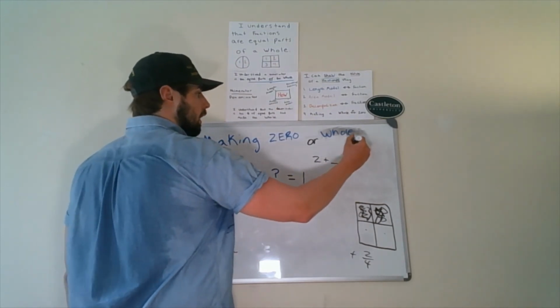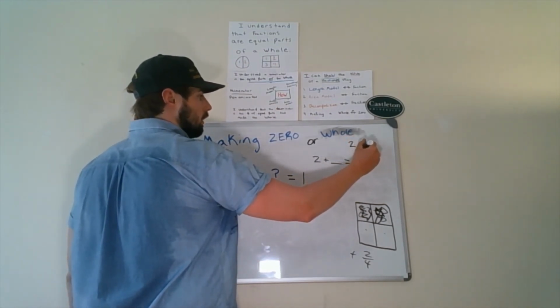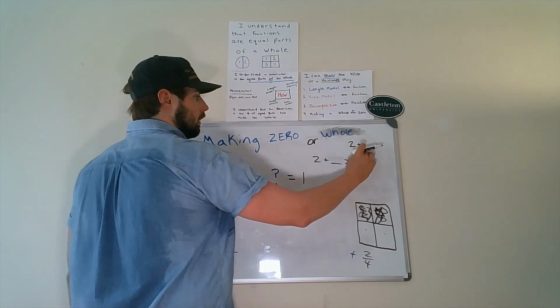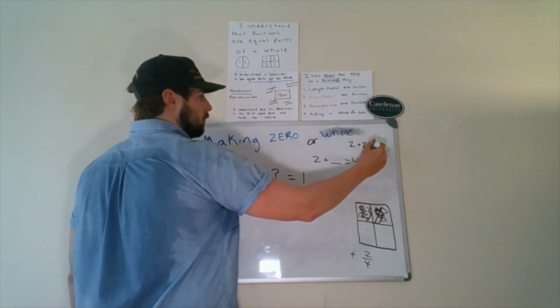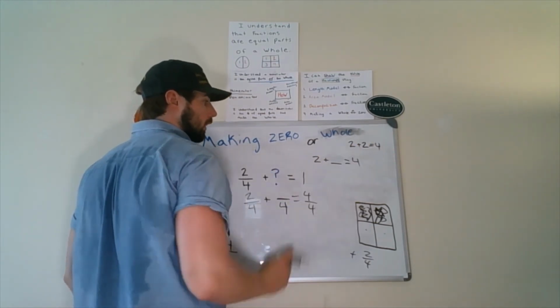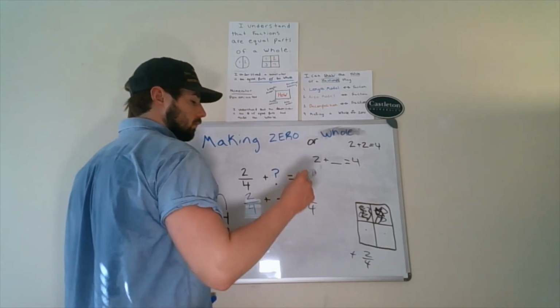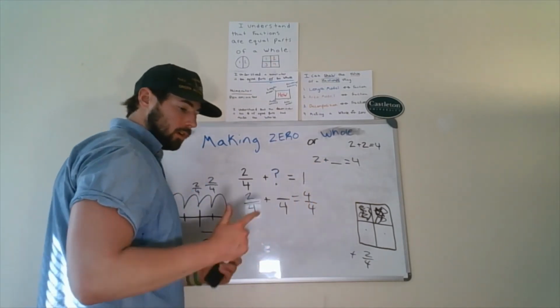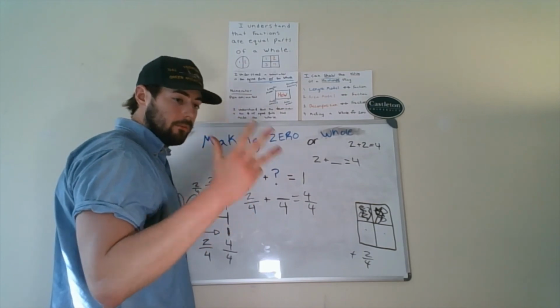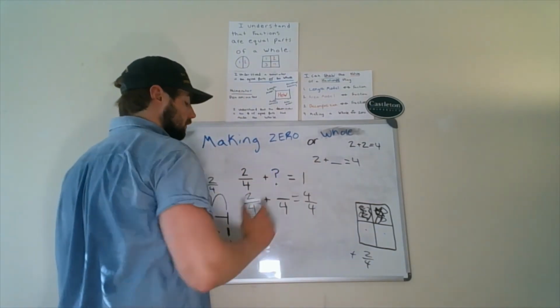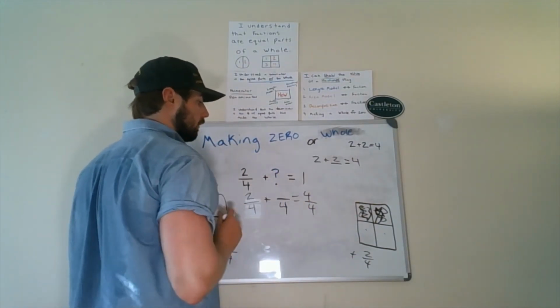Well, I know 2 plus 2 would equal 4. 2 plus 2 more, 2, 3, 4. 2 plus 2 more would equal 4.